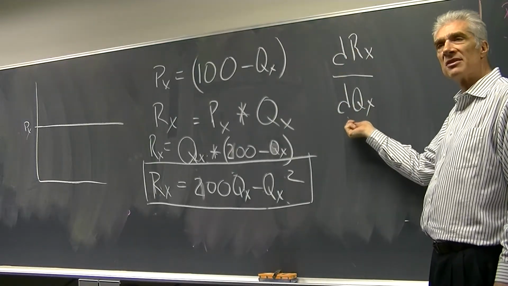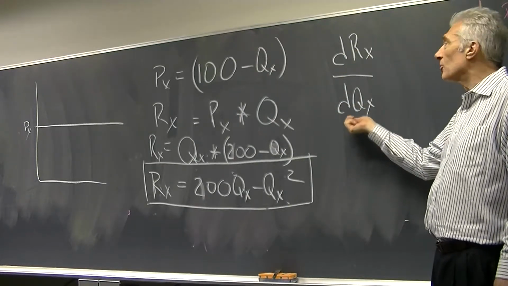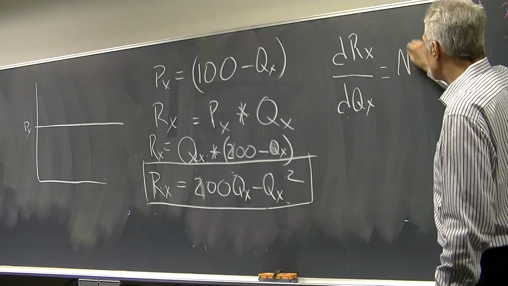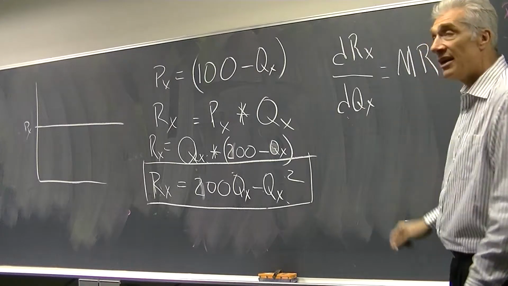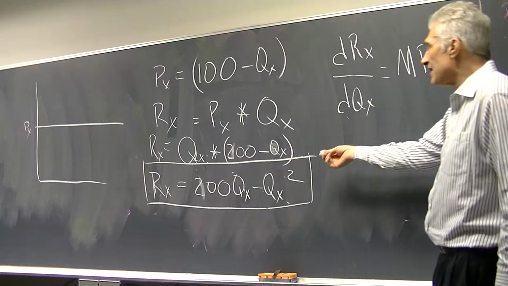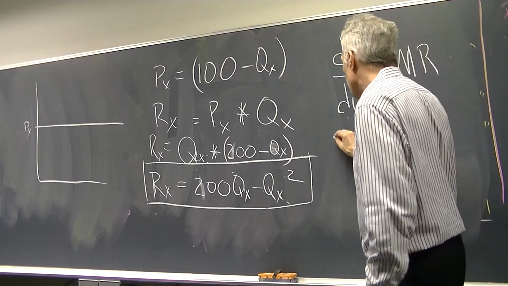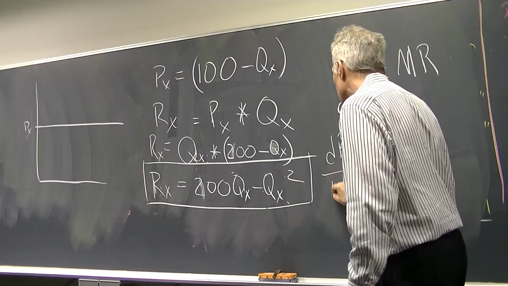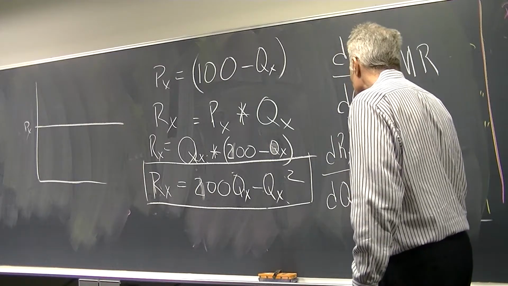That's what marginal is: the change in the revenue with the change in the quantity. That's what we mean when we say marginal revenue, mathematically. So we can take that derivative. What is the derivative of the revenue with respect to the quantity?